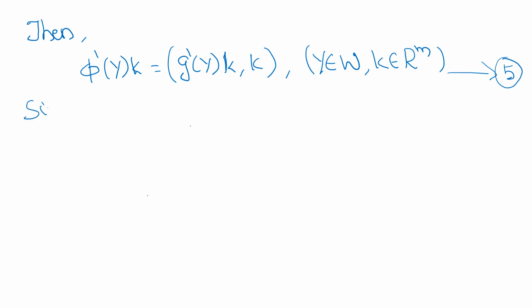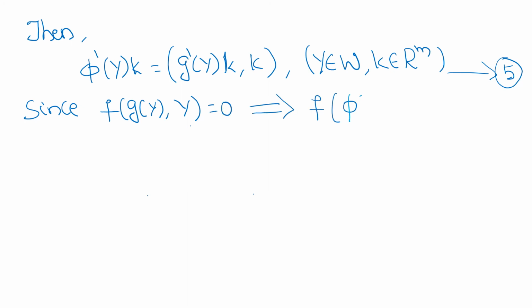And since we know from the previous slides that f(g(y), y) is equal to 0, this implies f(phi(y)) is equal to 0 in W. So now the chain rule, we can easily say this.